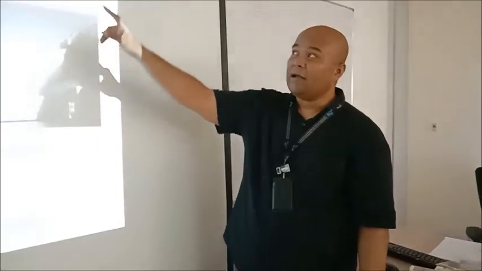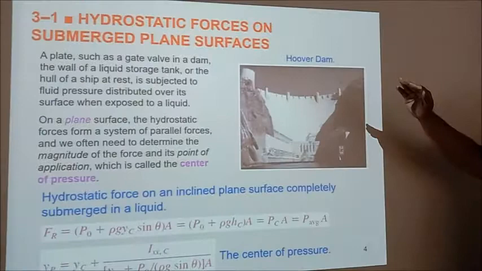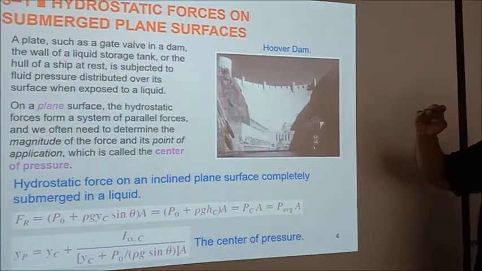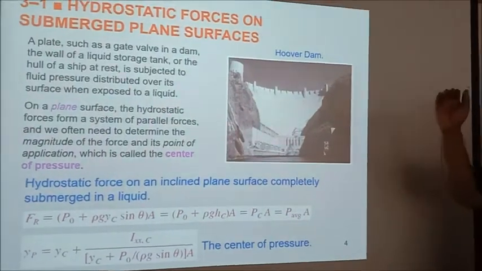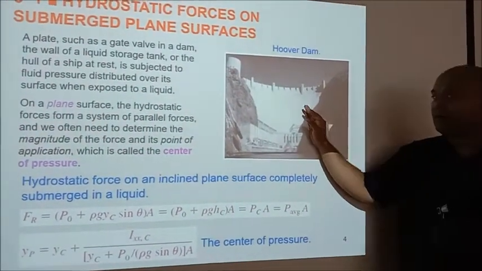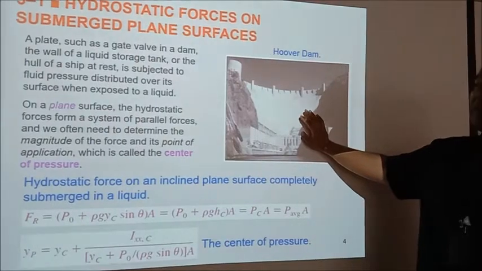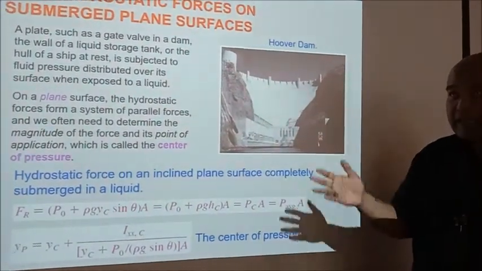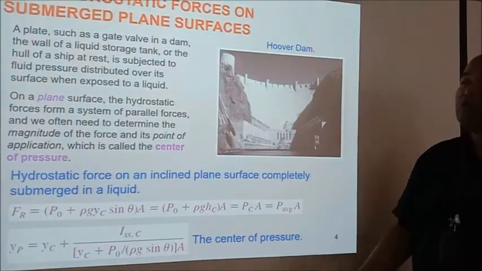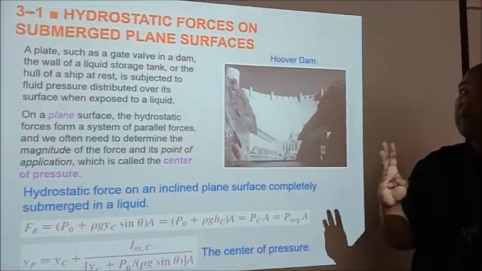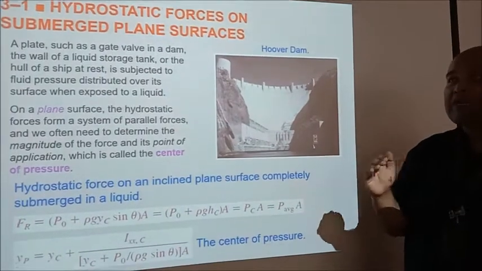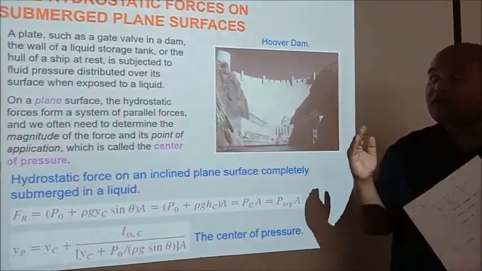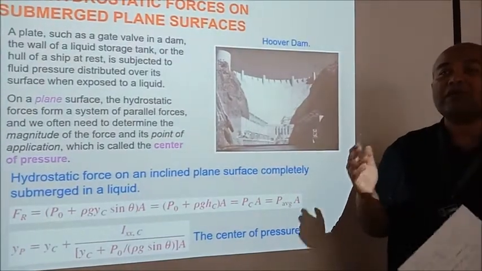Slide, alright. Hydrostatic force on the submerged plane surface, maksudnya pada permukaan satah yang tenggelam. Contoh pintu air di perempangan air lah the wall of liquid storage, dinding bagi satu tank ataupun permukaan kapal yang berada dalam keadaan rehat is basically subjected to fluid pressure when it distributed over its surface when it exposed to the liquid.